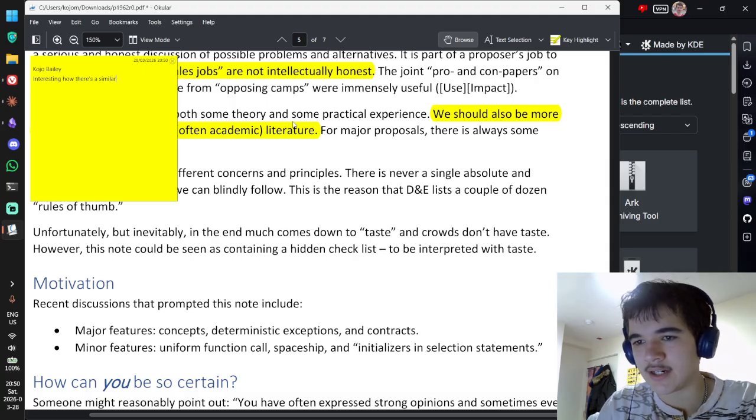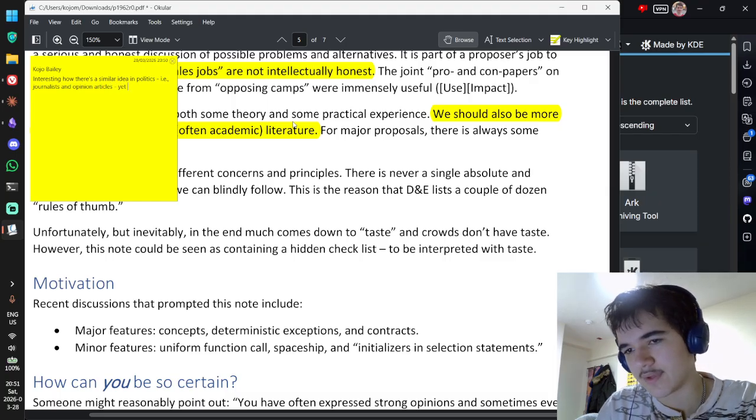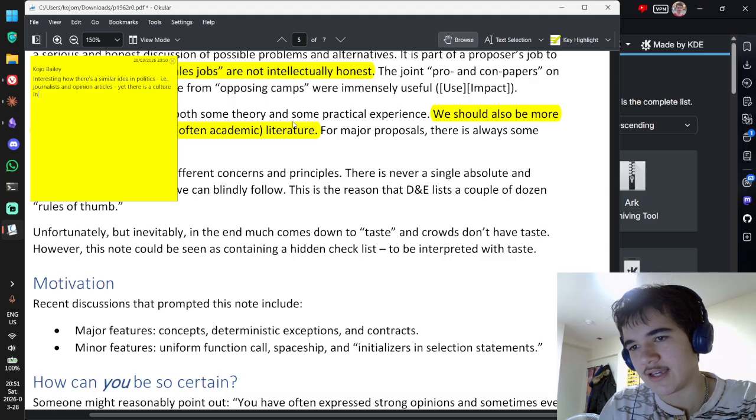How there's a similar idea in politics, i.e., news companies and opinion articles, or journalists and opinion articles, yet there is a culture in academia to evaluate different sources, whereas people reading the news tend to just stick to one source.